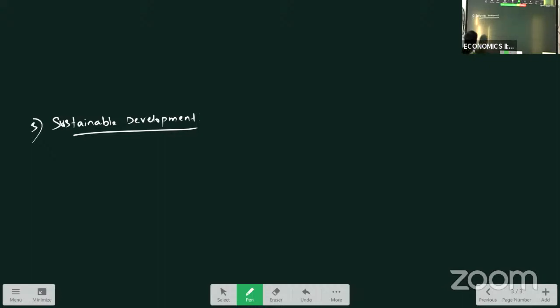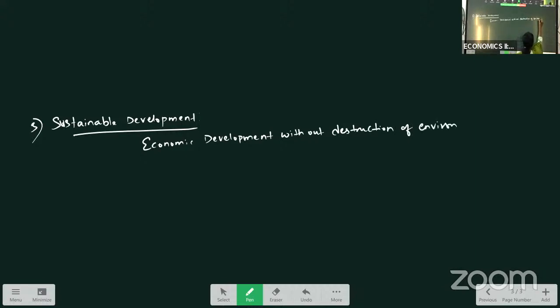So we can say sustainable development means what? As we have studied in our previous chapters also, we came across this sustainable development. Meeting the needs of the present without compromising the future. Okay, so here sustainable development, we can explain this in this way: economic development without destruction of the environment is called sustainable development.